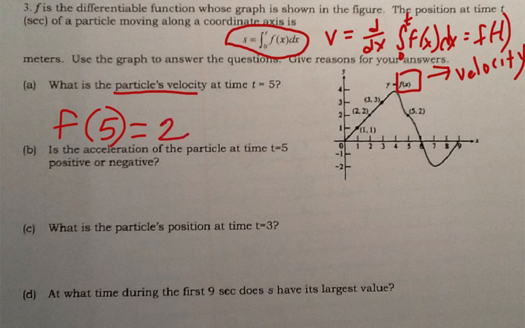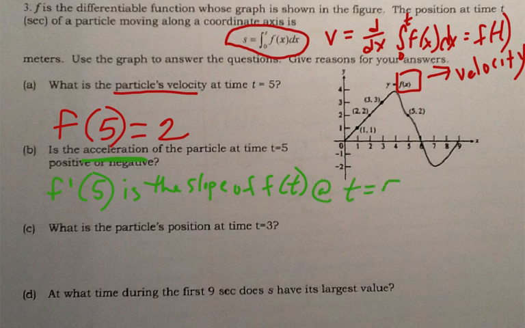Alright, B. Is the acceleration of the particle at that time, t equals 5, positive or negative? Well, f prime of 5 is the slope of f of t at time equals 5.